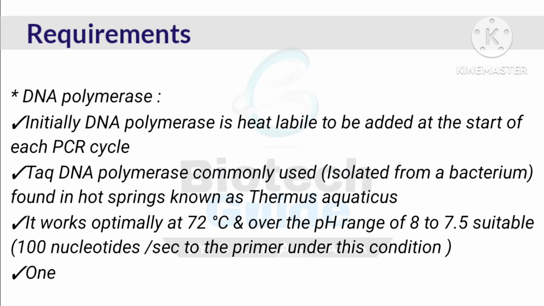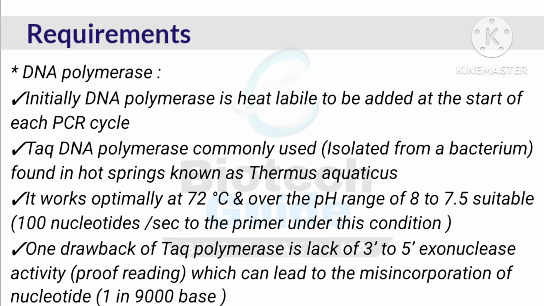Then third, DNA polymerase. Initially, DNA polymerase is added at the start of each PCR cycle. Taq DNA polymerase is commonly used, isolated from a bacterium found in a hot spring known as Thermus aquaticus. That's why it is named Taq, meaning Thermus aquaticus.